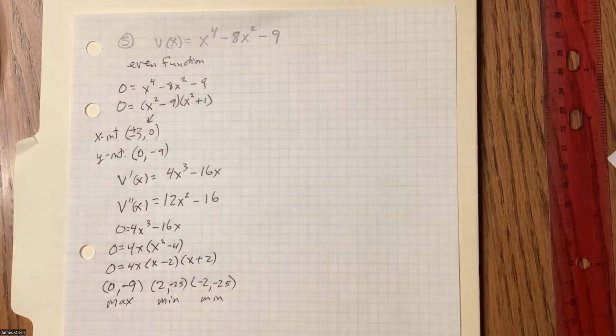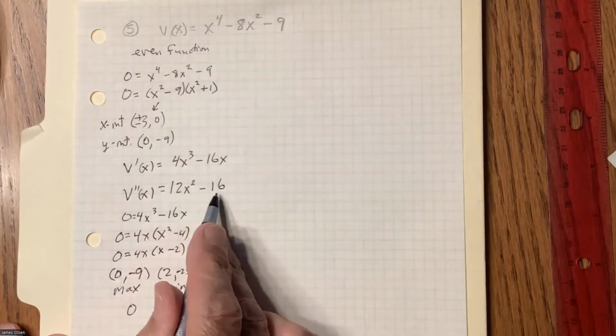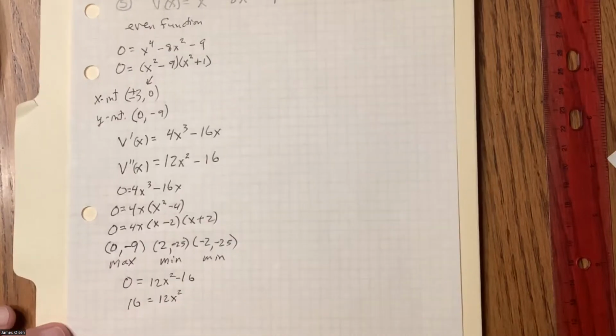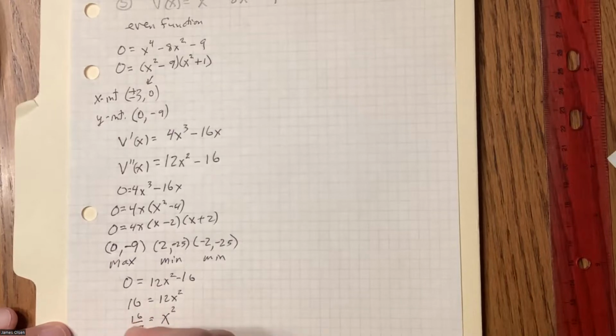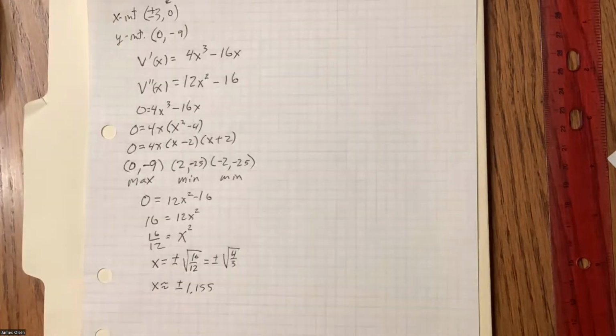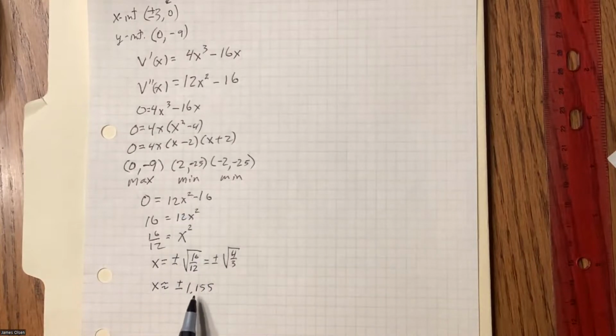Now let's find inflection points. Putting the second derivative equal to 0, and taking the square root of both sides, and using a calculator, we get these values. This is from the second derivative equal to 0.